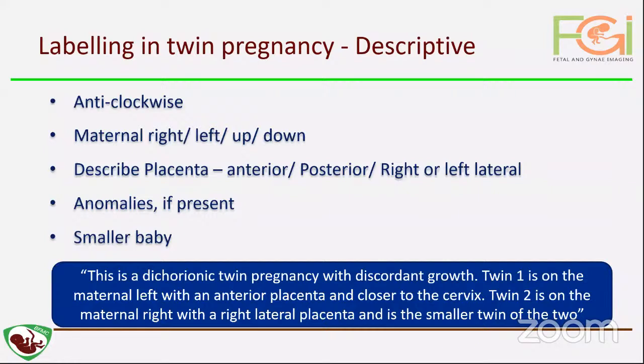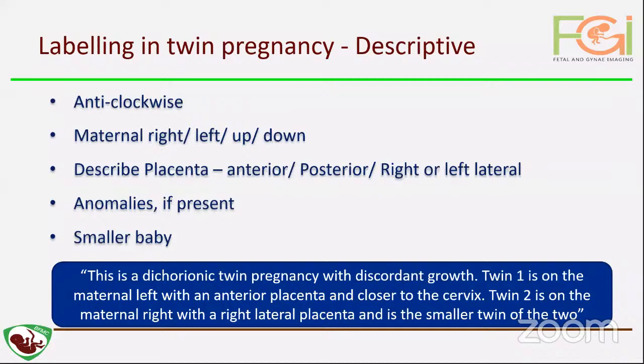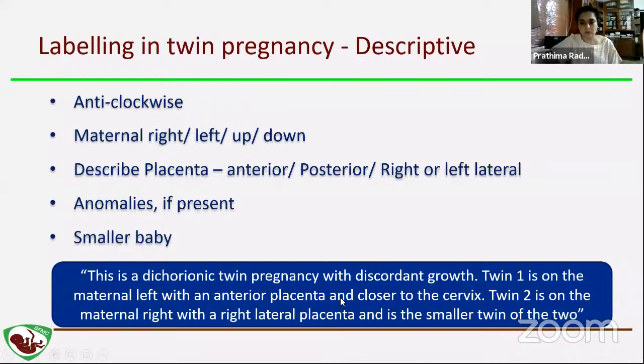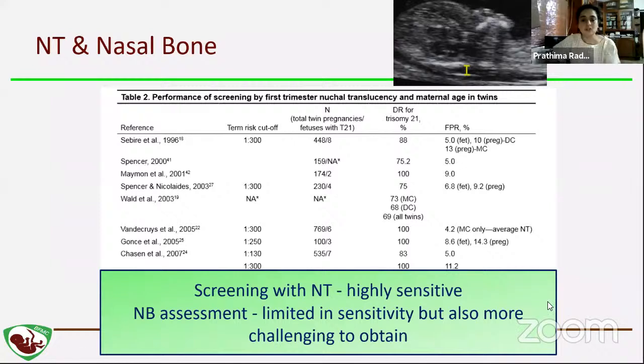This is very important because in the subsequent scans, it will become easier for the operators and you yourself to be sure which one you've counted as baby 1 and baby 2. Twin 2 is on the maternal right with the right lateral placenta and is the smaller twin of the two. So you need to get descriptive about all these things and spend time making sure that you have labeled them correctly.